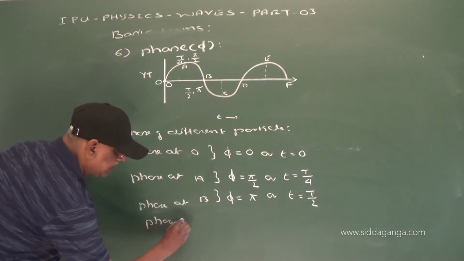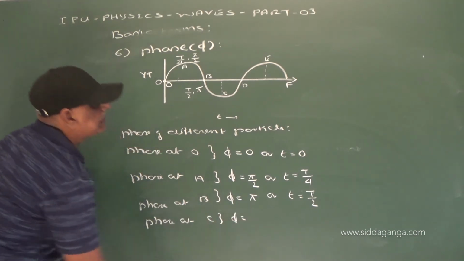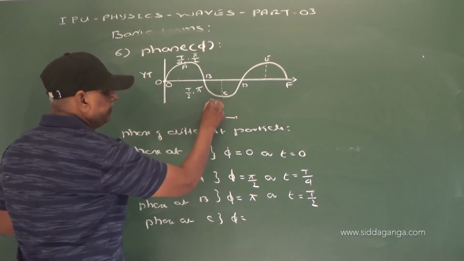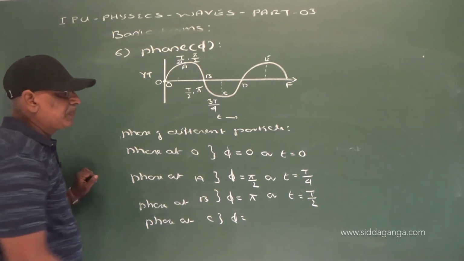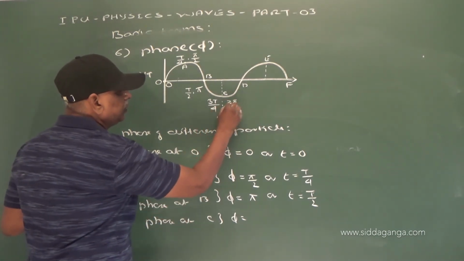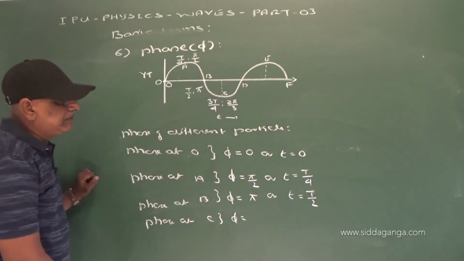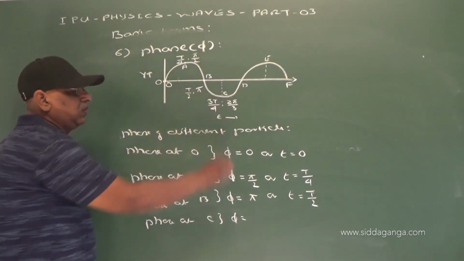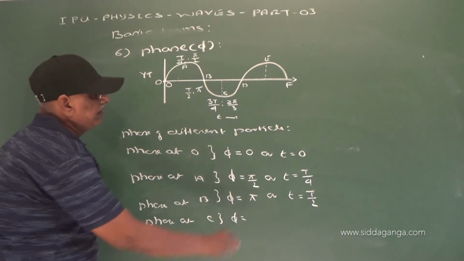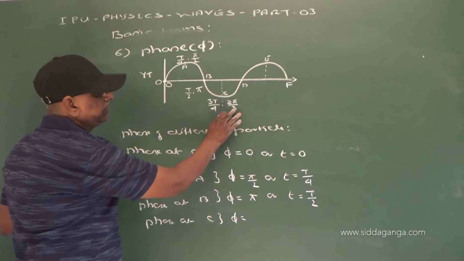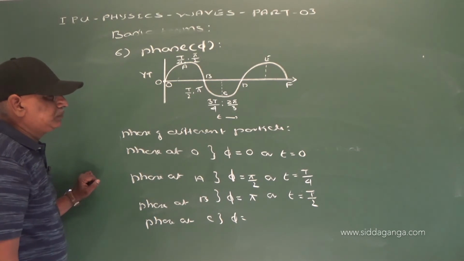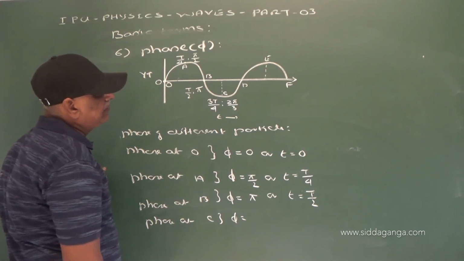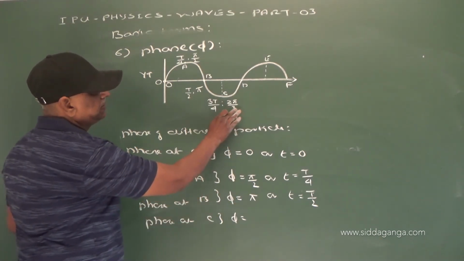Now the phase at C. In terms of time period it is 3T by 4, and in terms of angle it is 270 degrees.